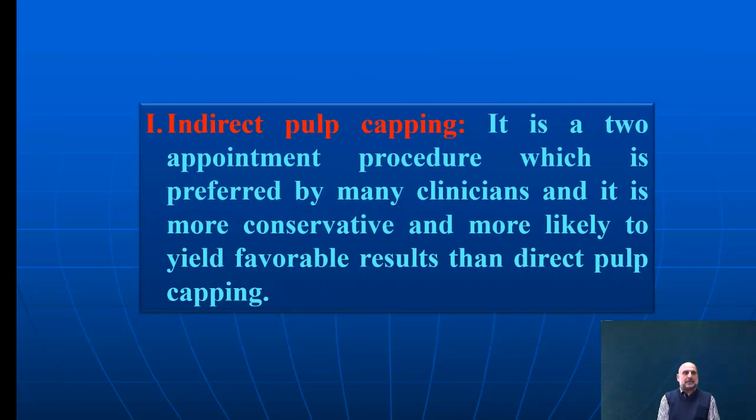Indirect pulp capping. It is a two-appointment procedure, not a single appointment like direct. It is an approach for deep carious dentine, and is preferred by many clinicians because the prognosis of this procedure is much better than direct pulp capping, and it is more conservative and more likely to yield a favorable result.